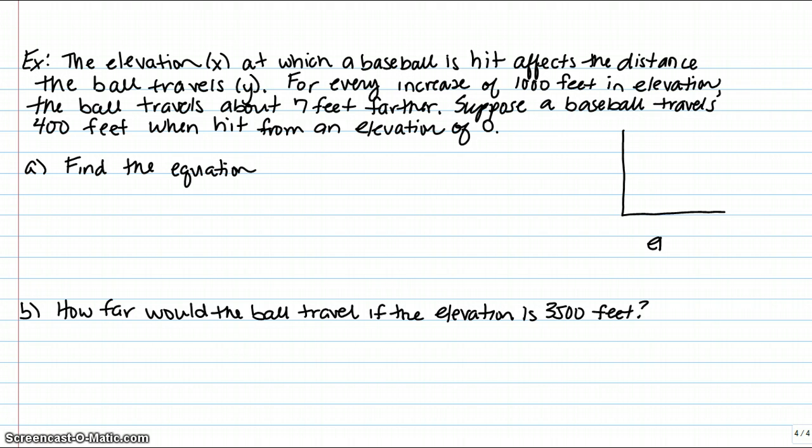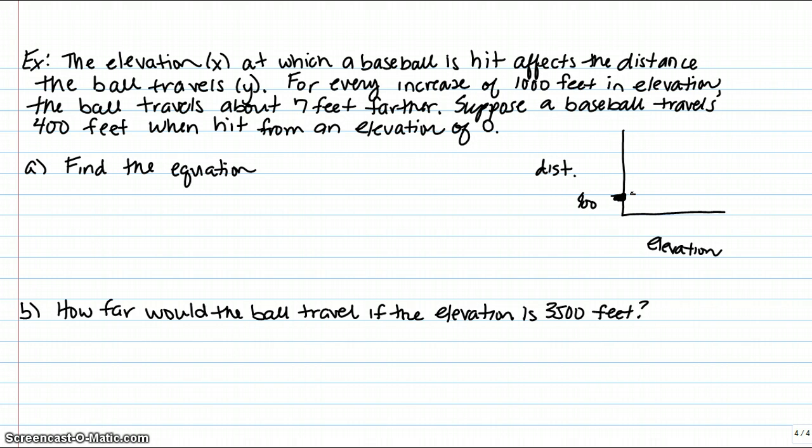So let's draw a graph here. Elevation and distance. So first it tells me something that I have specifically, that the ball will travel 400 feet when it's hit from an elevation of 0. So when the elevation is 0, our ball will travel 400 feet.